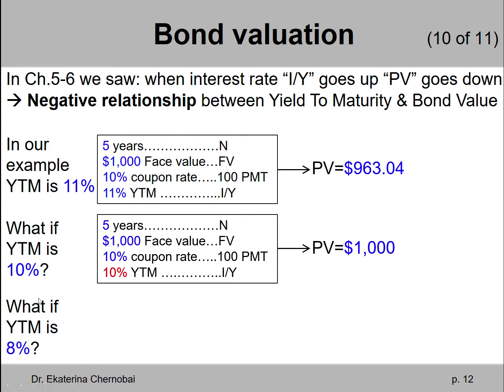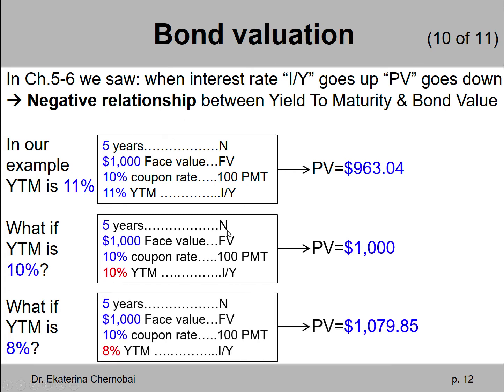If you make the yield to maturity, the IY in the financial calculator, even lower, then the bond present value will become even higher because of the negative relationship between the two. And if we redid the calculations in the financial calculator, we would get the following answer: $1,079.85.